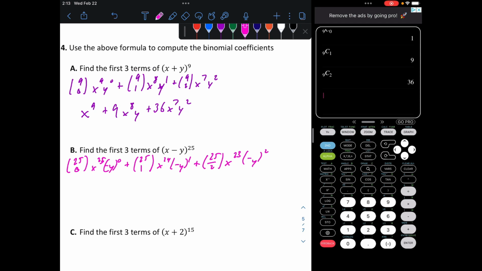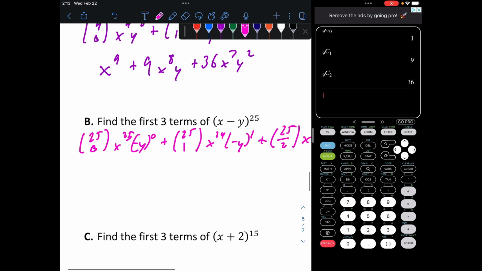All right, so 25 choose 0, that's 1, so it's just going to be x to the 25th. 25 choose 1, that's 25. But it's negative y, so it's going to be minus 25 x to the 24th y.